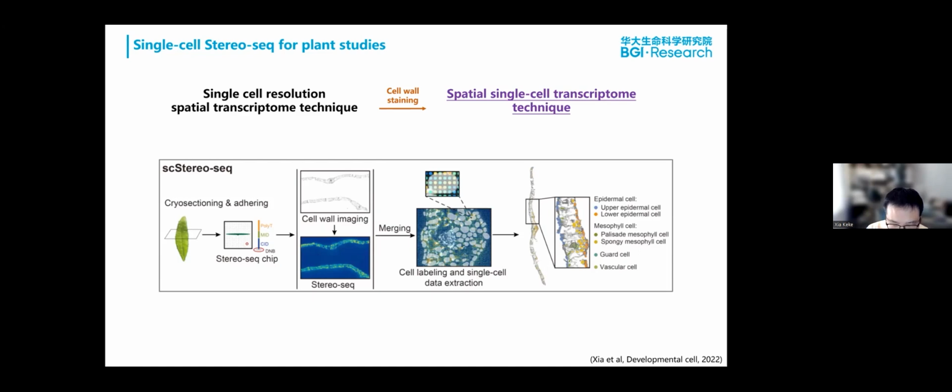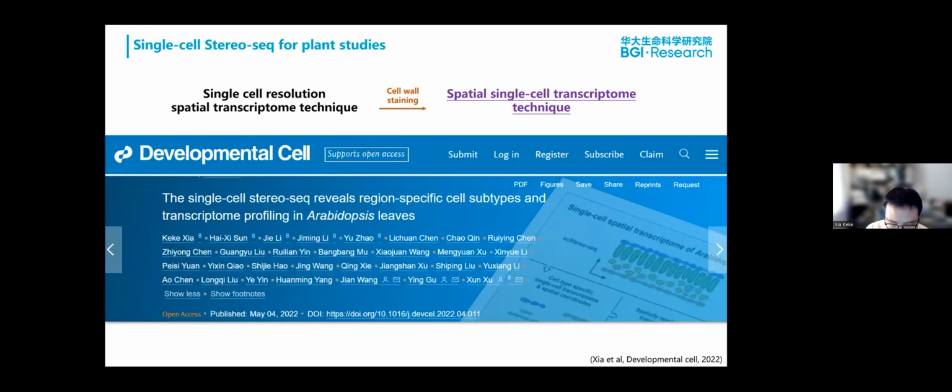After merging and registration of the cell wall staining image with the expression image generated by the STOmics visualization system, we then could extract transcriptome information of individual sampled cells based on the coordinate information of the cell wall boundary. This work has been published in Development this year.